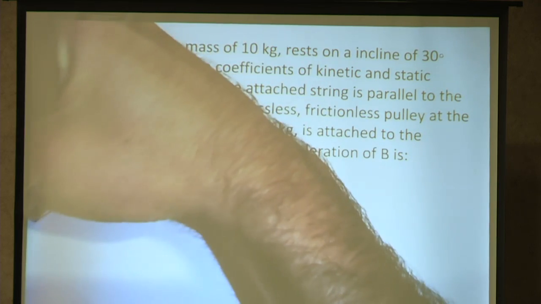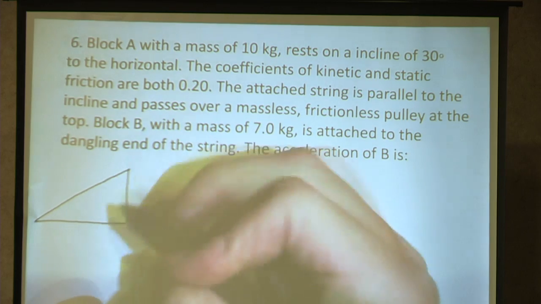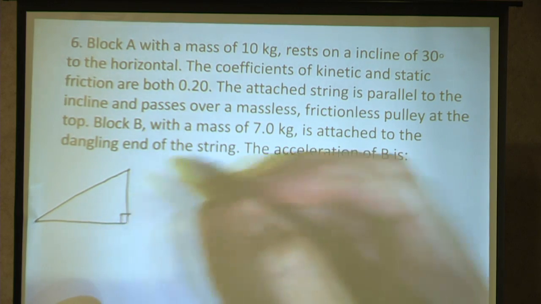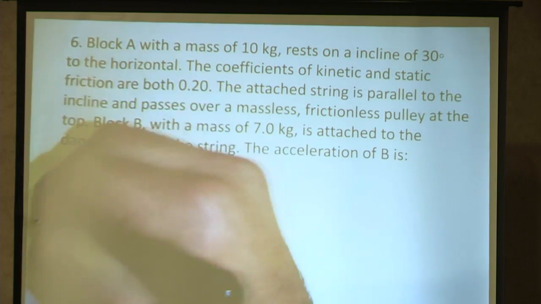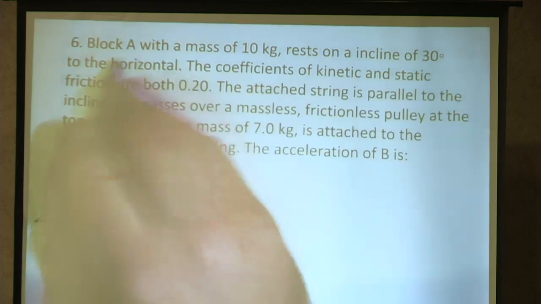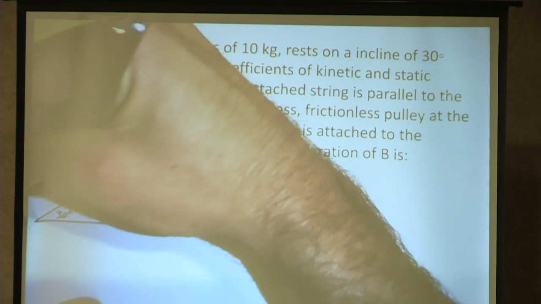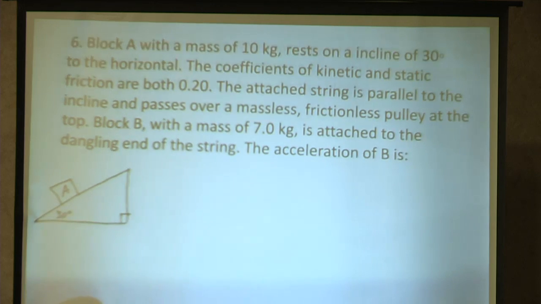You've got an inclined plane, like here, an incline of 30 degrees to the horizontal. You have block A, which is 10 kilograms, so I'm going to draw a big block, call that A, on there.